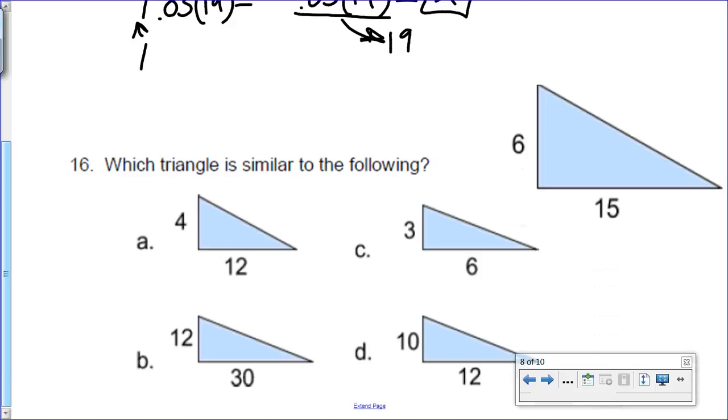Okay, so which triangle is similar to the following? Similar, okay? When you see similar, think proportional, okay? So this 6, we've already talked about a number's going to have a certain relationship to each other. Well, the 6 and the 15 have a certain relationship. The 6 is a certain size in relation to the 15.